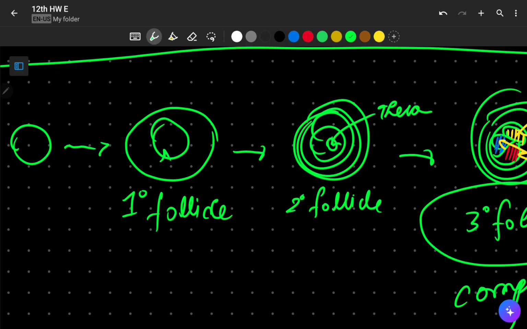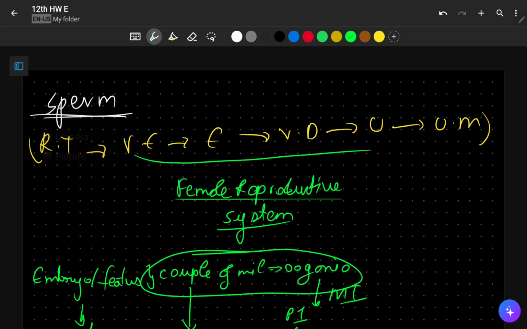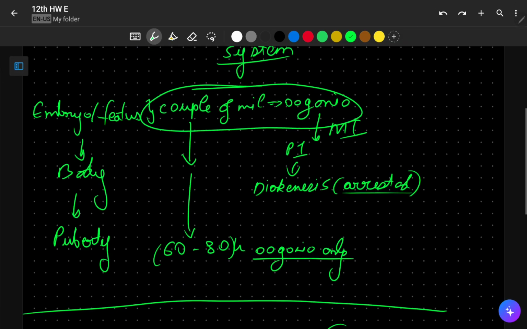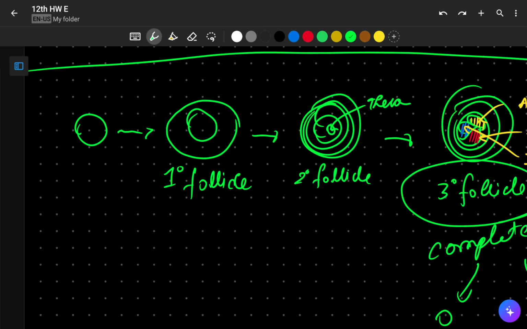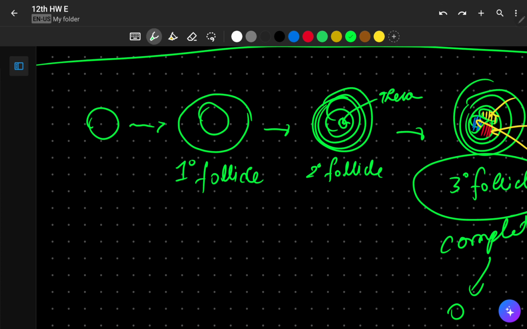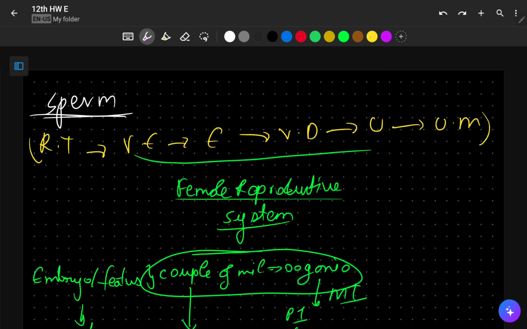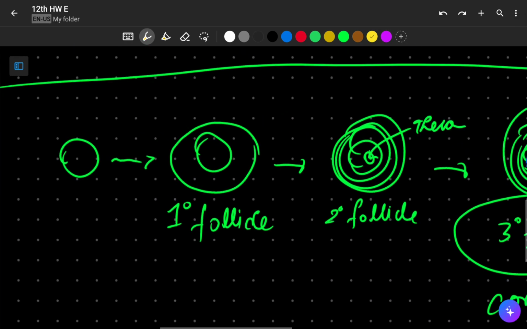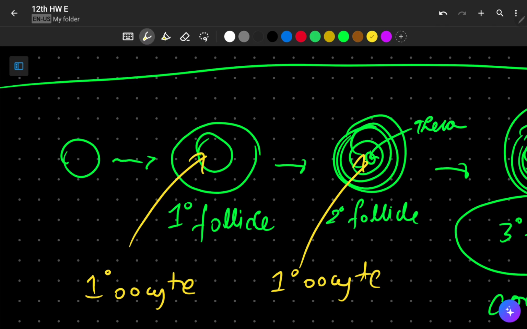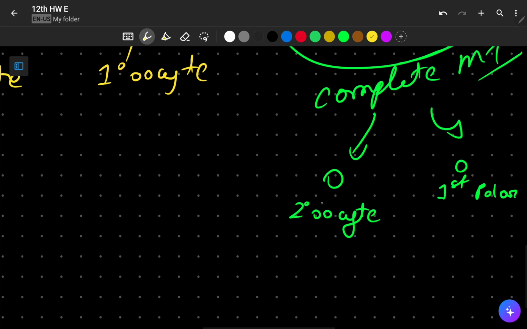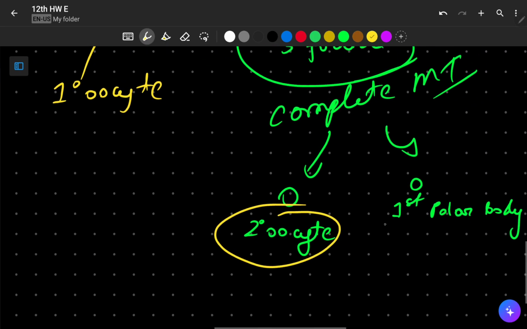So what do these have? The primary follicle has the primary oocyte, the secondary follicle has the primary oocyte, but the tertiary follicle now has the secondary oocyte with a first polar body.